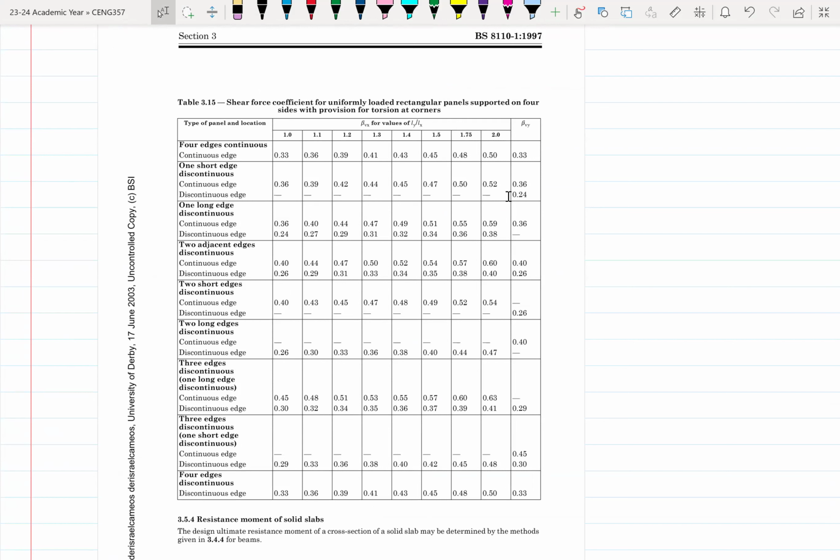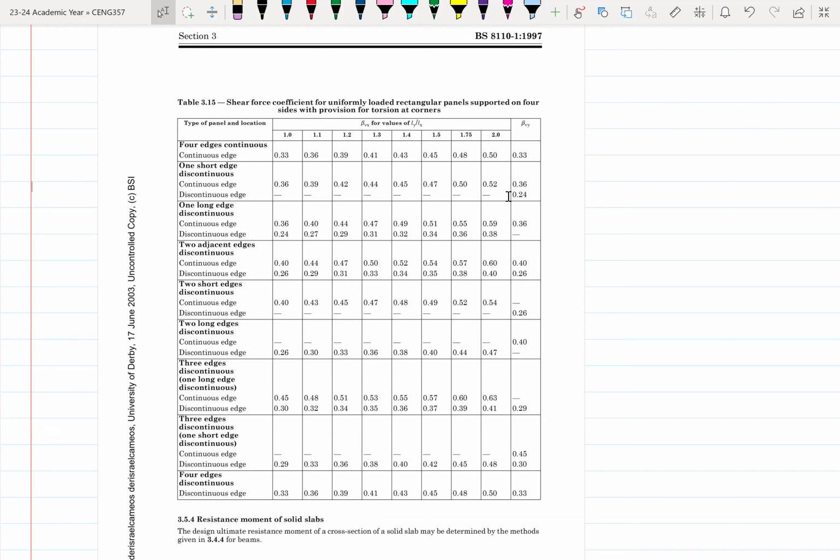Nothing strange, pretty much the same approach in terms of picking up these coefficient values to do our calculations, all right? So let's see how to go about that with regards to what we are doing.